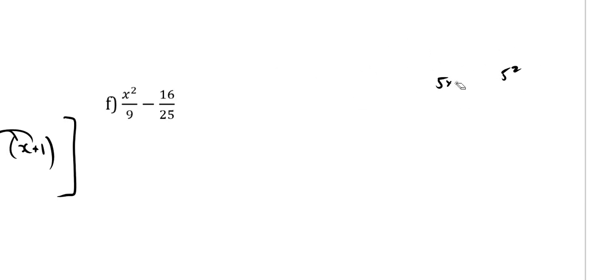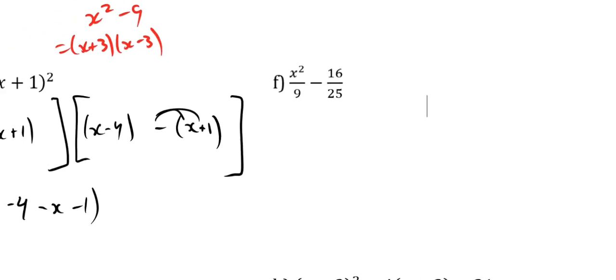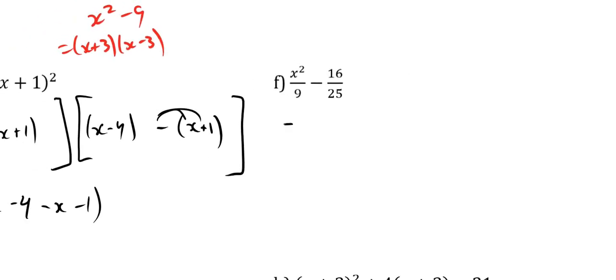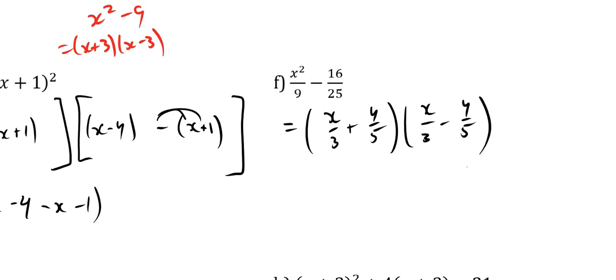Quick little reminder. Same thing for cubes, for any exponent. So this is like x over 3 plus 4 over 5, x over 3 minus 4 over 5. Just take the square root of everything. Is that okay?